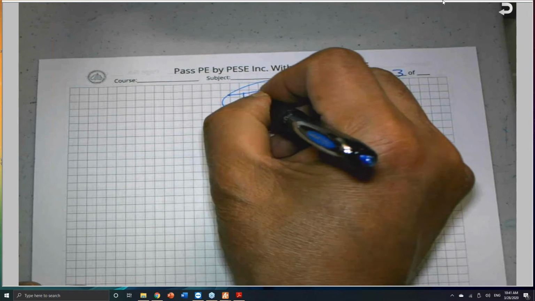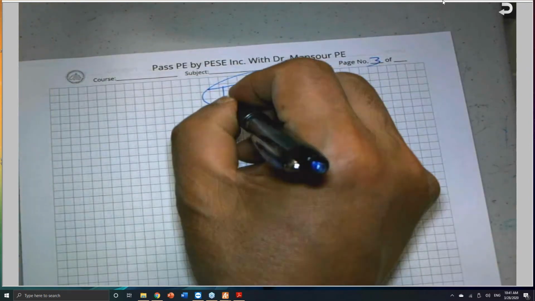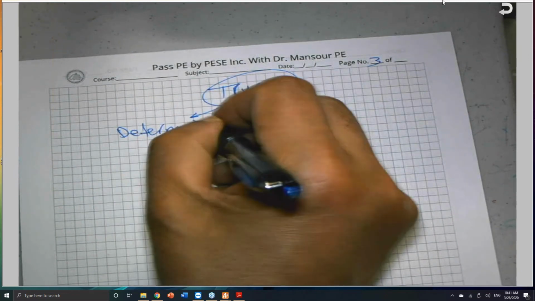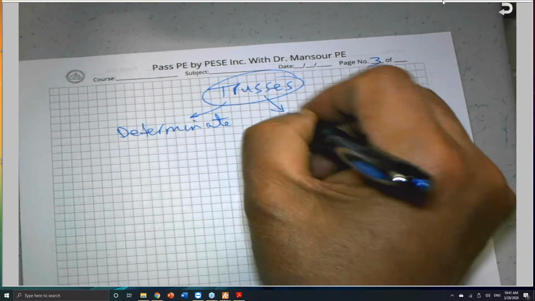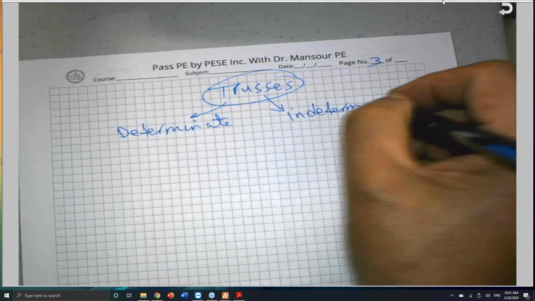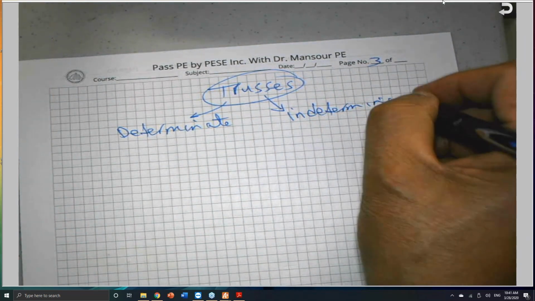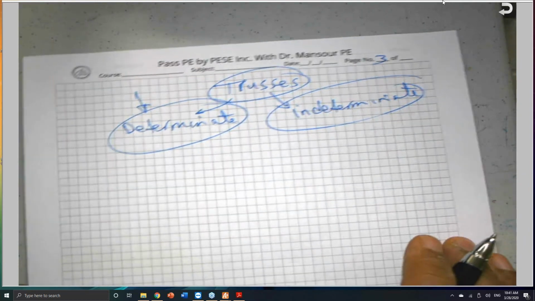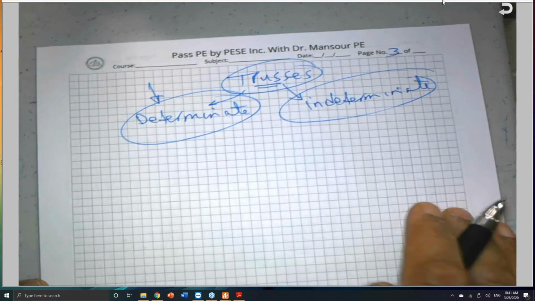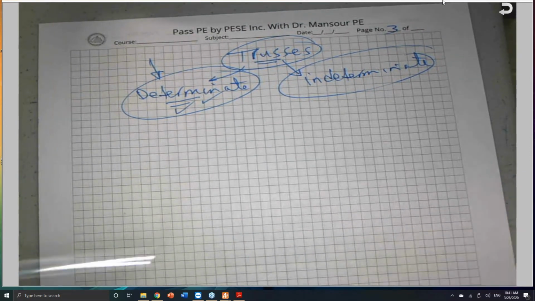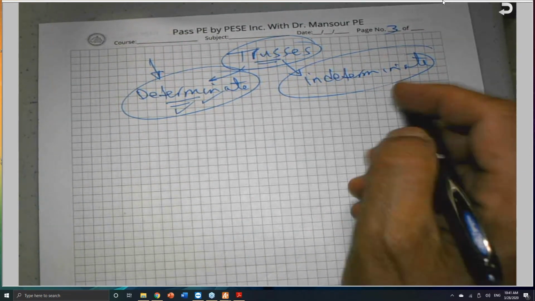So trusses could be statically determinate, or statically indeterminate. Our discussion here is limited to determinate trusses. This is for the AM, and even for the PM, to the best of my knowledge, for structures, you might see some statically indeterminate.